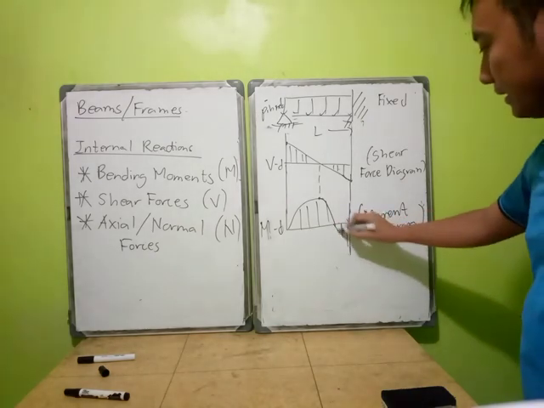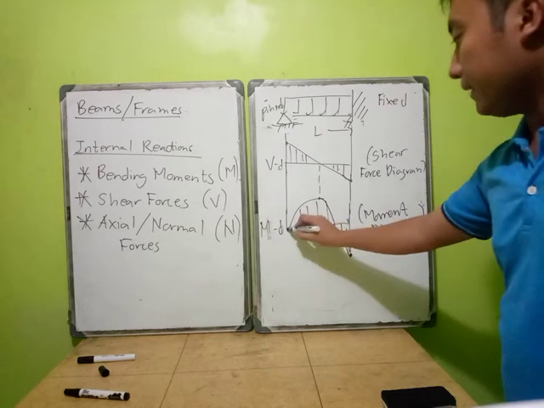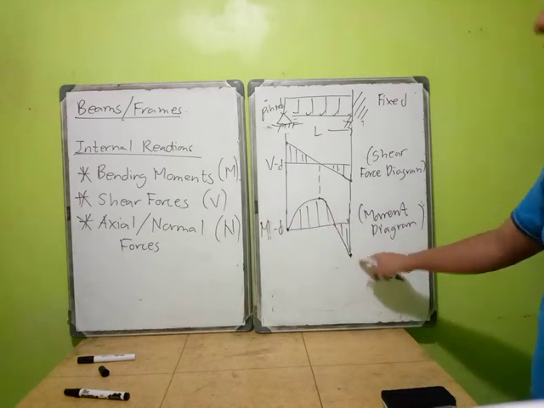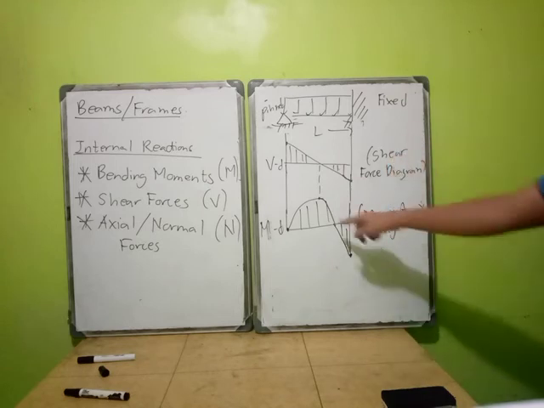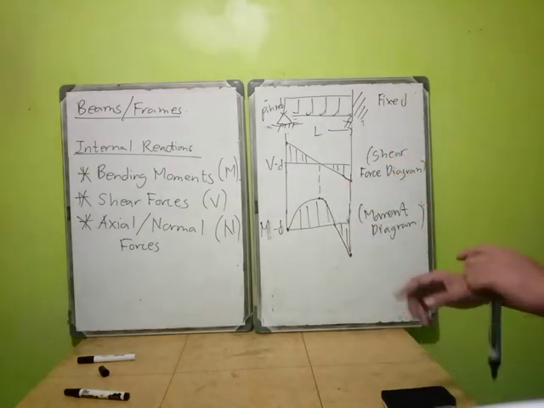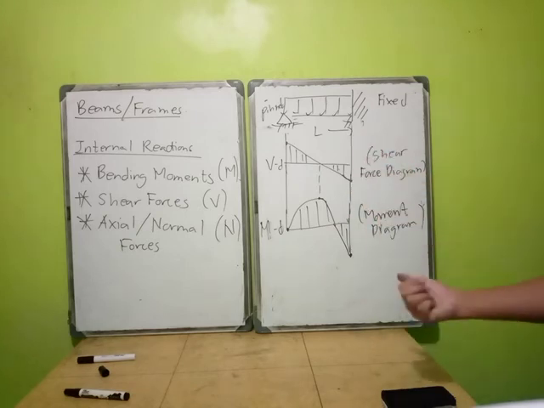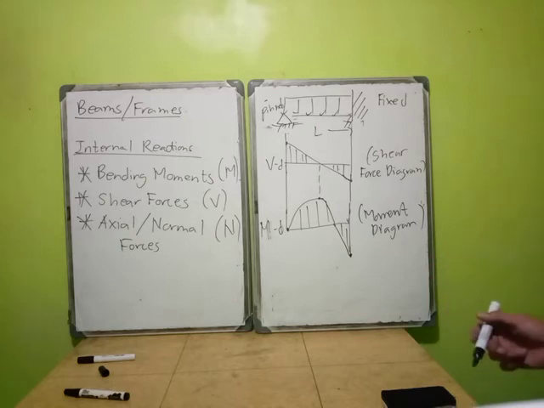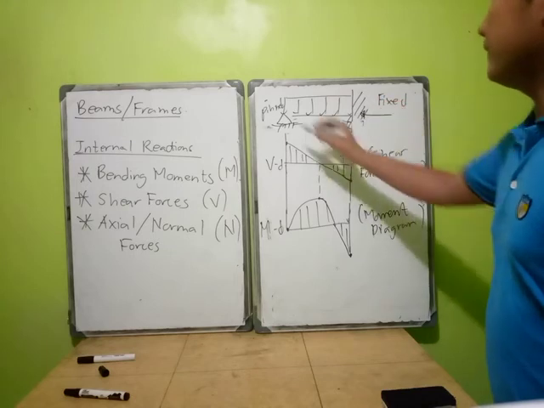Okay? So there will be a moment, okay? So a negative moment here at the fixed support. Either negative or positive moment. Okay? So basta, this diagram, the moment diagram and the shear force diagram, is not the same with the simply supported beam. Okay, so here, there is a possibility na may horizontal force.